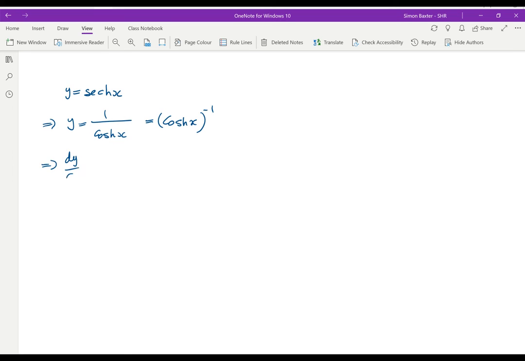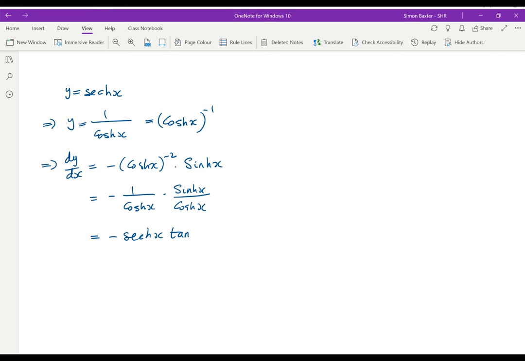dy by dx is now minus cosh x to the minus 2 times differentiate cosh x is sinh x. This now is minus 1 over cosh x times sinh x over cosh x, which is minus sech x tanh x.